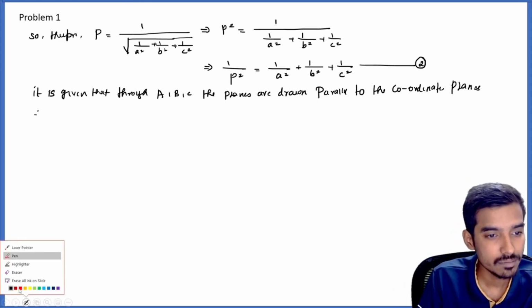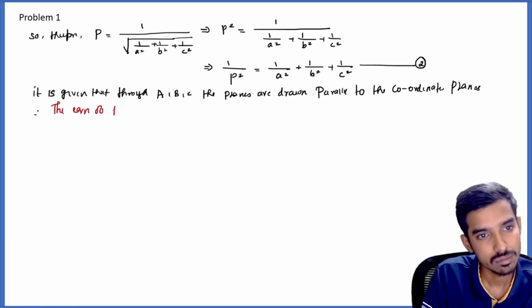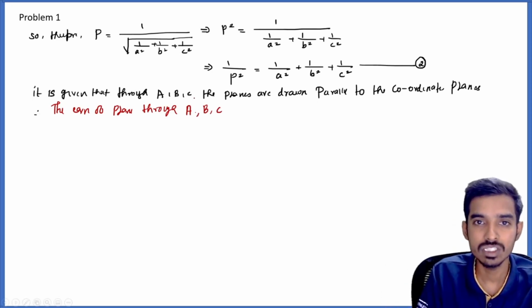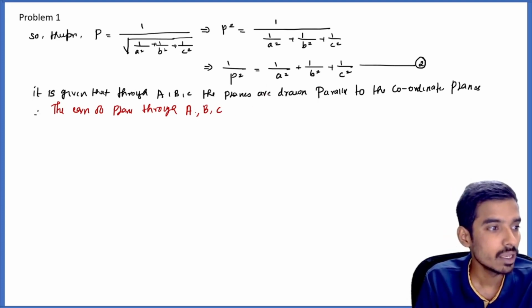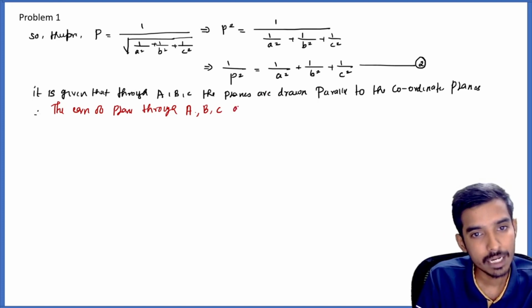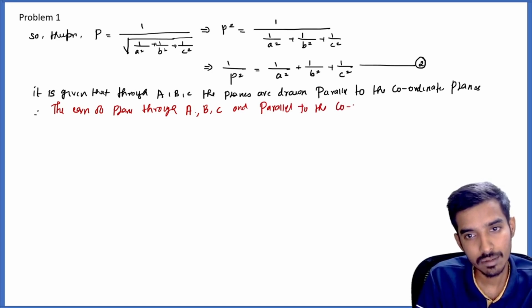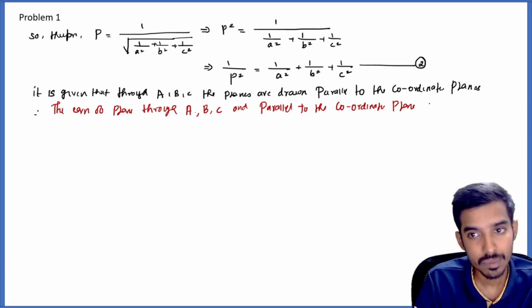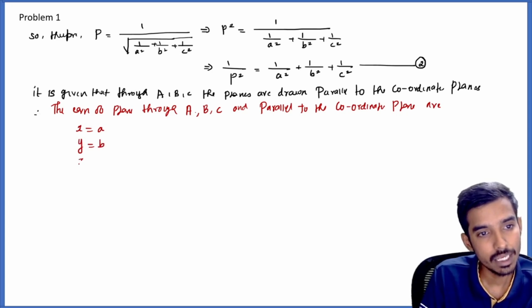The equation of the plane through A, B, C and parallel to the coordinate plane is given by what? Those planes are x is equal to a, y is equal to b, z is equal to c.